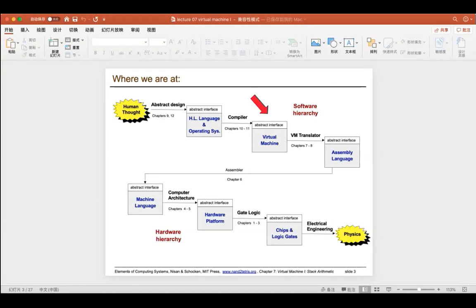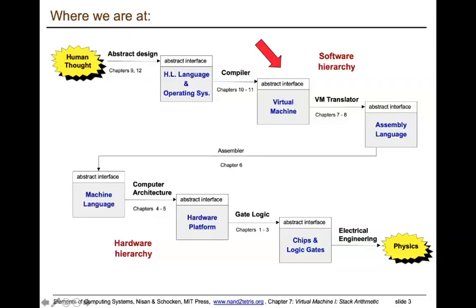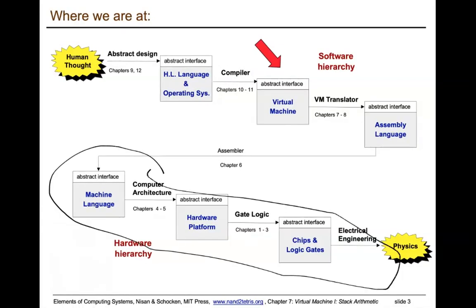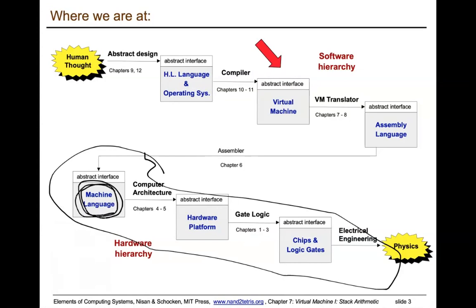So today we will do one chapter, on the virtual machine. Before we do the virtual machine, I will write something. We have the hardware stack. This one is all hardware. Machine language is a kind of intermediate, actually. It's between hardware and software.